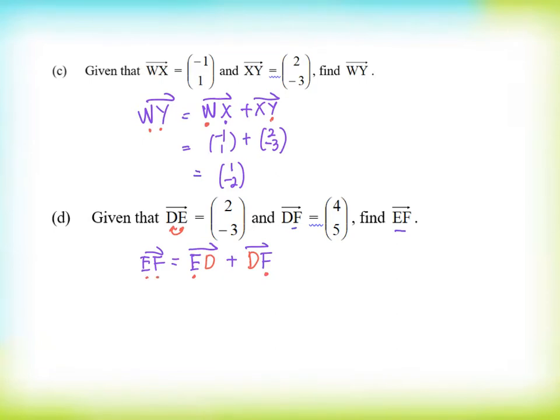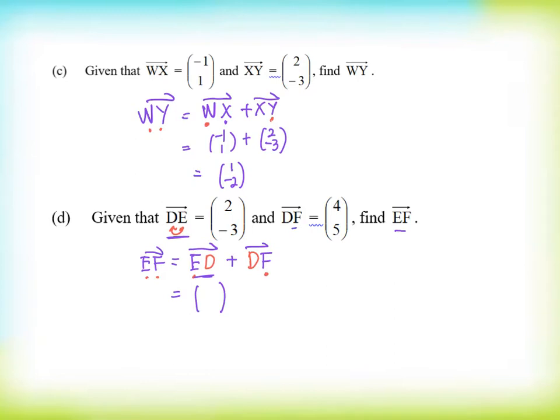But now let's try to find these vectors. This is ED, but I'm given DE. What's the relationship between the two of them? They are opposite in direction. So if I have opposite in direction, they are negative vectors. That means originally is 2, negative 3.